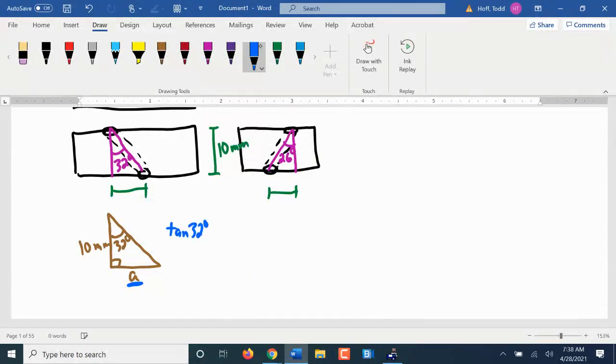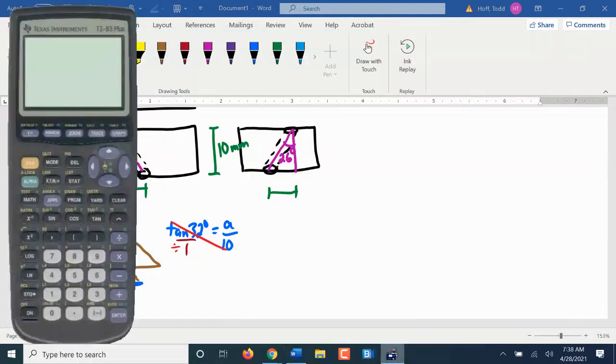Tangent of 32 degrees equals A over 10 millimeters. Very good. Put that over 1. We'll cross multiply and divide to find A. Ends up being 6.249.